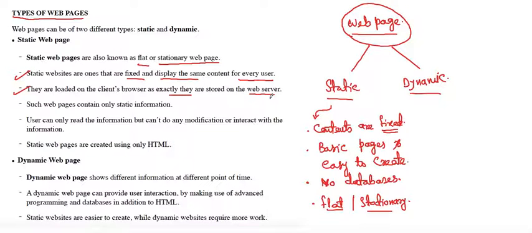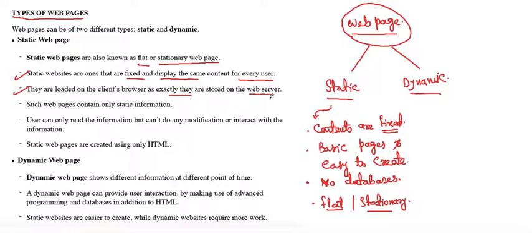So when a client browser sends a request to the server for a static web page, that web page is exactly fetched from the server and exactly provided to the browser without any change. That means the page that I will see in my web browser is exactly the page that is stored on the web server. These web pages are not changed from server to client.